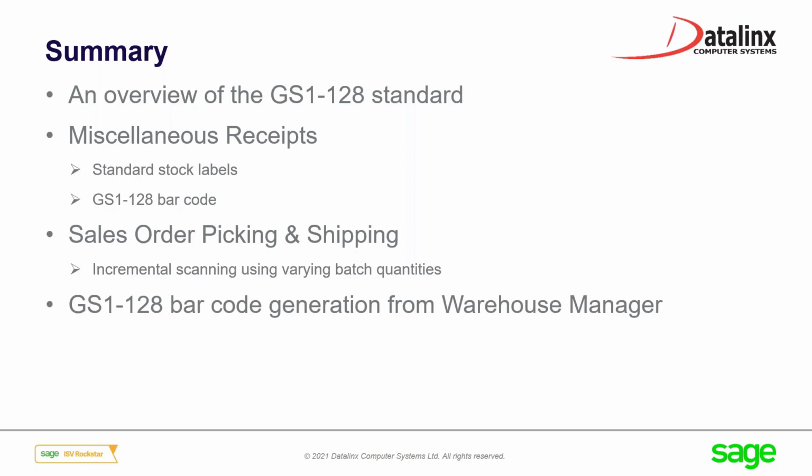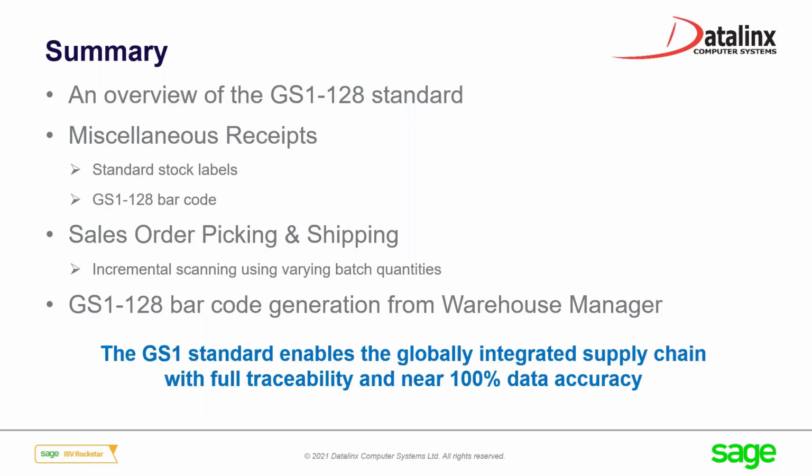And of course, in our final demonstration, we showed how we were able to create a GS1 barcode using the label maintenance capability that we have added to the core X3 product. But ultimately, and as we have shown, albeit using a small number of business transactions, the GS1 standard enables the globally integrated supply chain that has full traceability and near 100% data accuracy.